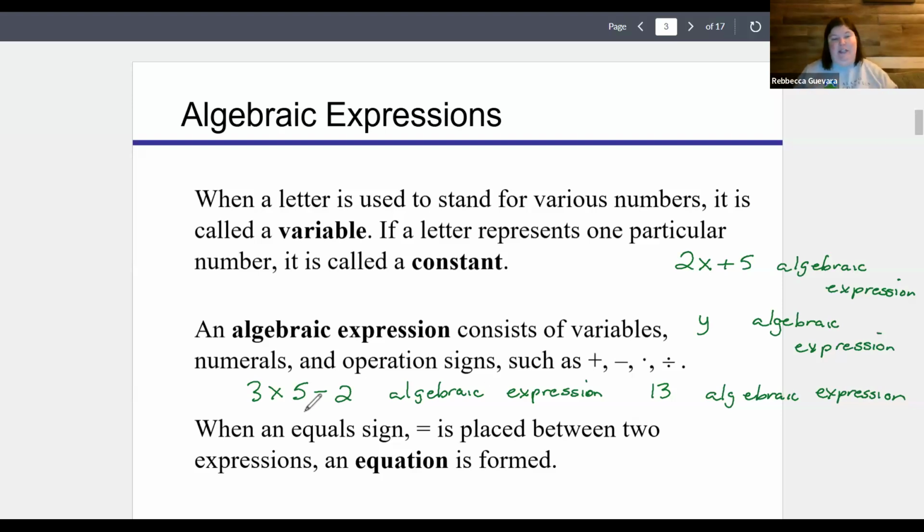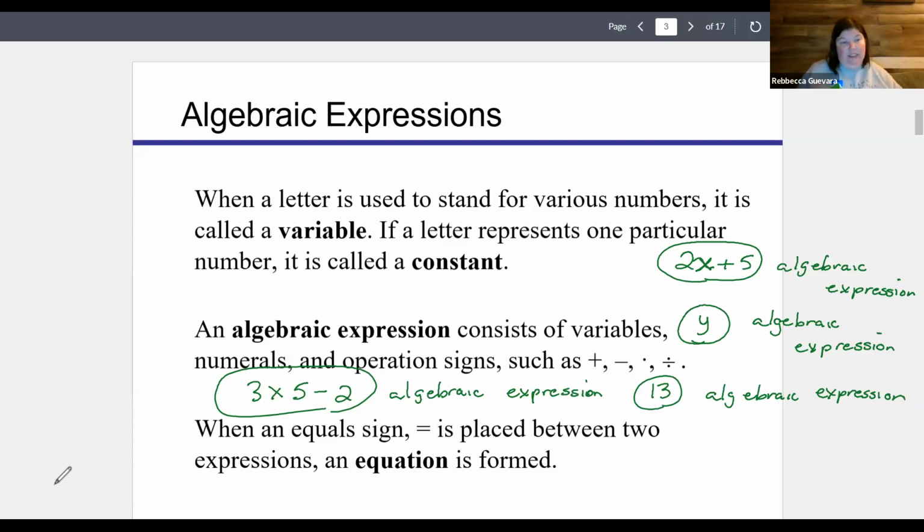Okay, so like I said, it could just be numbers and operators. It could be just a number. It could be numbers, variables, and operators. I'm going to make that a fancy looking x so we know that's a letter. Or it could be just a variable. If you want an equality, or an equation, we have two expressions like this, the 3x minus 2 and the 13.